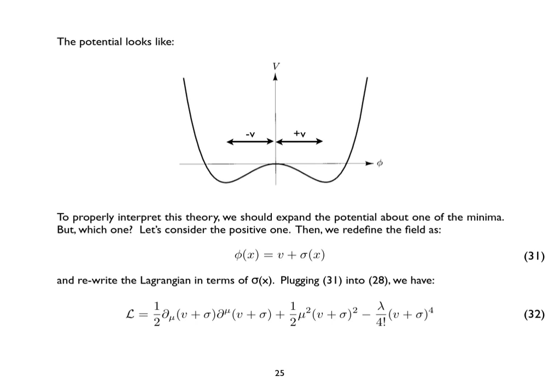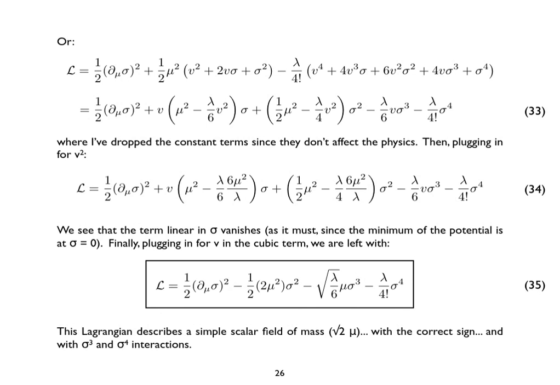Everywhere we had phi, we plug in v plus sigma. And the derivatives, v is a constant, so those go away. What else happens? We get something that looks nasty when we square everything out. We have sigma to the fourth, sigma cubed, sigma squared, and even sigma to the first power.